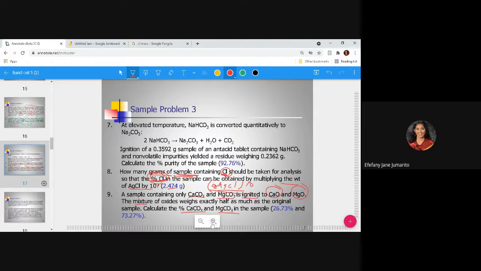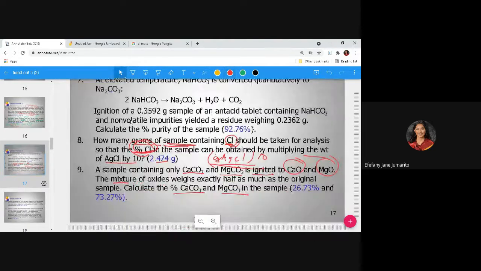Okay, please read number 9. We have, ano, May. Number 9, May. Okay, Ednaline. If we have class, prepare your ballpen and then calculator. Okay, Ednaline.